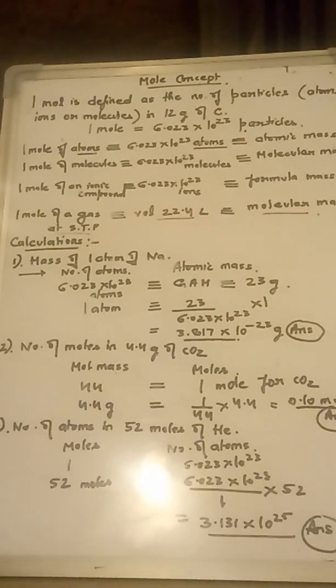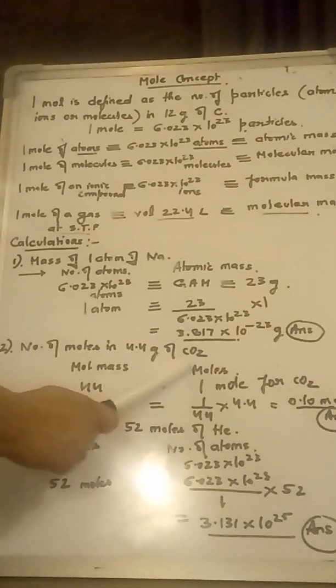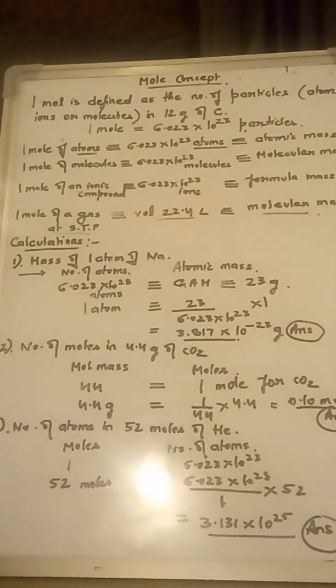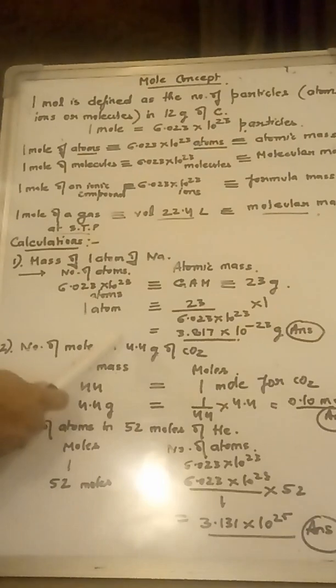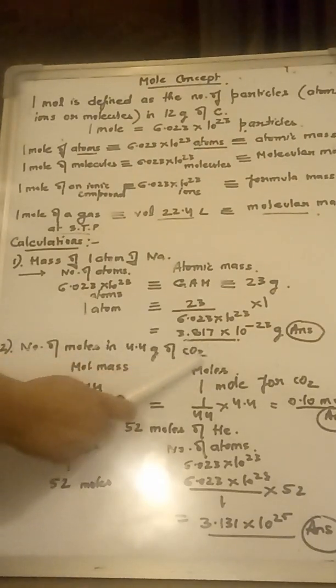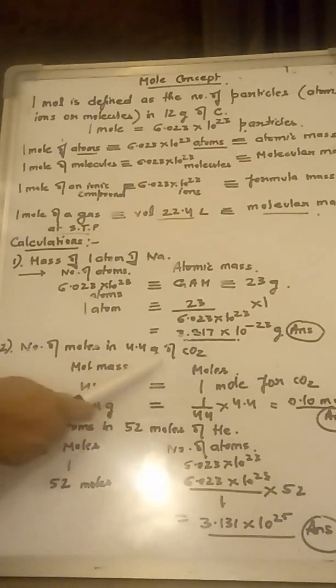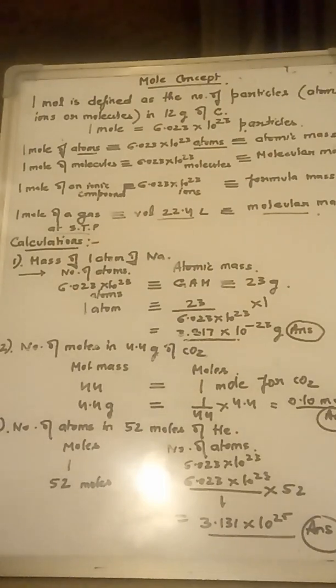Similarly, in the second part, we have to calculate the number of moles in 4.4 gram of carbon dioxide. Similar to question number 1, let us find out what two things are discussed here. The two things are number of moles and mass. Since CO2 is a molecule, the mass we have to take here is the molecular mass.